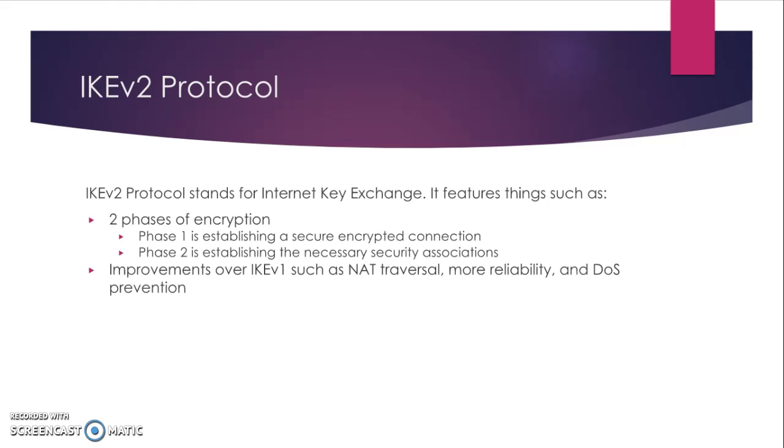It also uses IKEv2 protocols, Internet Key Exchange, and the important things to know about this one are the two phases of encryption that it offers. Phase 1, establishing the secure encrypted connection, and then phase 2, giving the necessary security associations for your connection.